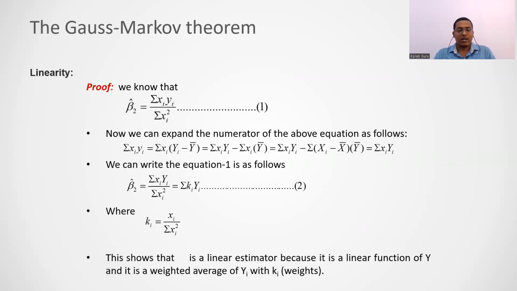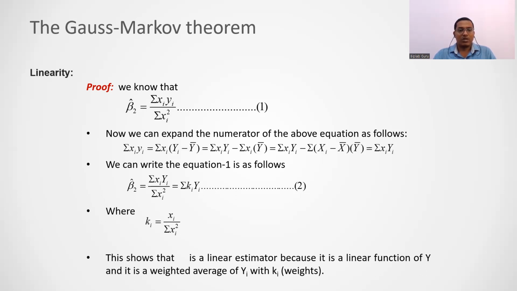If you want to try to prove this Gauss-Markov theorem, we know that beta 2 hat is equal to summation xi yi divided by summation xi square, from the derivation of the econometric parameters using the ordinary least squares technique.